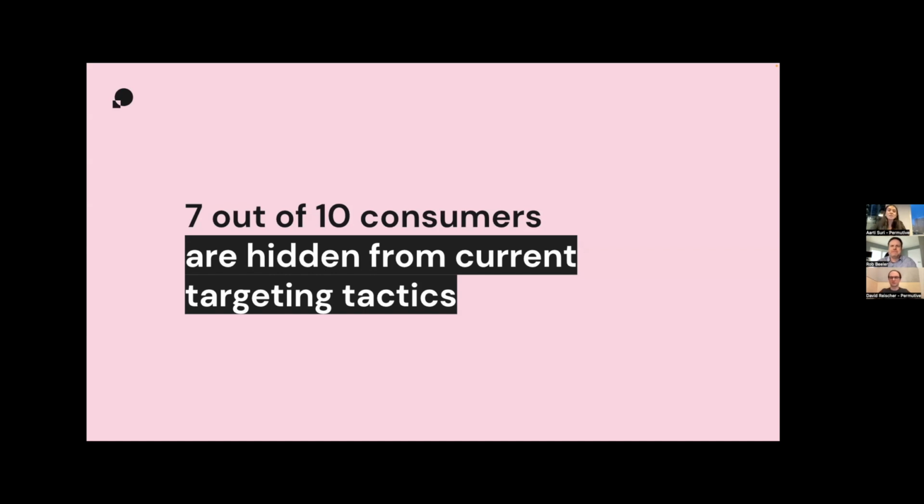Sure. At Permutive, we work with publishers to run addressability tests. Between Safari and Firefox blocking cookies and 40% of users on average opting out of advertising within Chrome, the average percentage of users that are actually targetable with data in the open web, for those using legacy platforms, is around 30%. That ultimately means 7 out of 10 consumers are hidden from current targeting tactics.